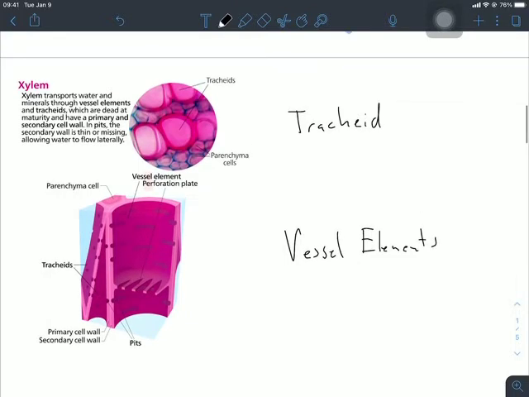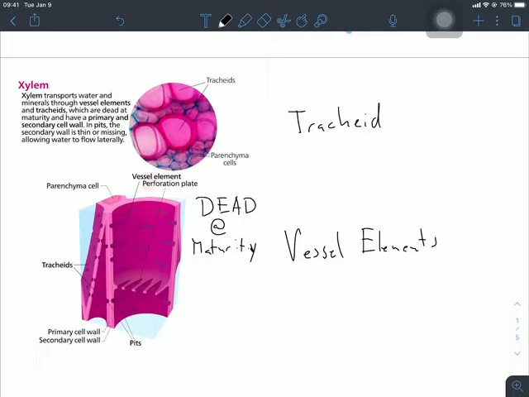Now we've mentioned that both of these are dead at functional maturity, meaning that they have no cell within them. They're literally just a cell wall. They've been hollowed out of their internal contents in order to allow for much more water flow through them.